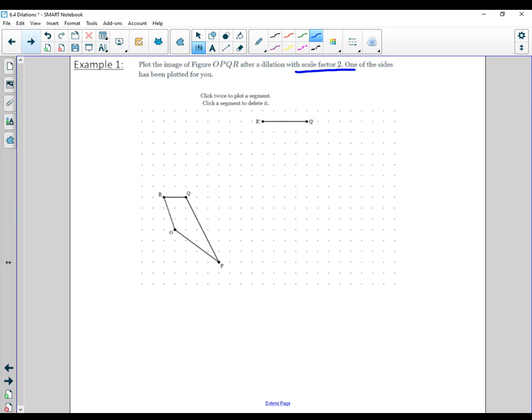With a scale factor of 2, I go 6 dots down and 2 dots to the right. I times both of those by 2, right? 3 times 2 is 6 down, and 1 to the right times 2 is 2 to the right. And that can be O prime.